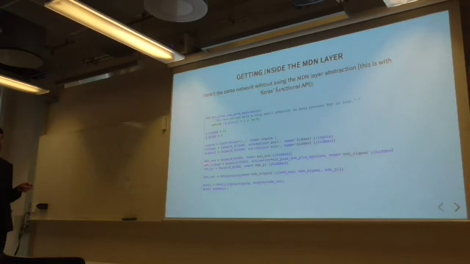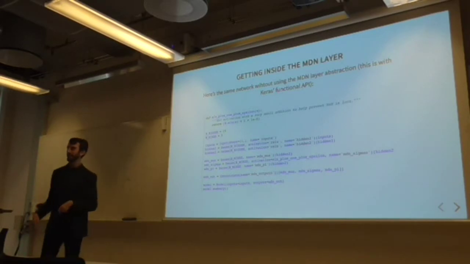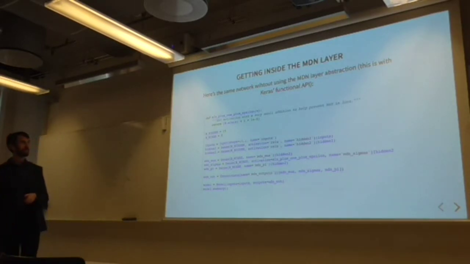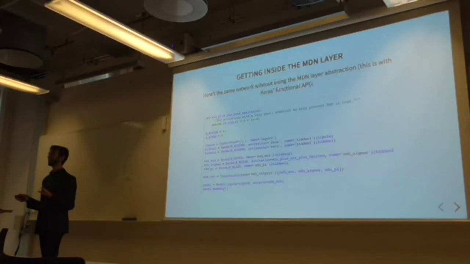This one's going to be my mu's, this one's going to be my sigmas, this one's going to be my pi's. This is not too hard, is it? All I'm doing is making a dense layer for each kind of parameter that I want to predict. The reason that I separate them out this way is because some of them have to have special activations. The sigmas, we don't want our sigmas to be less than 0, right?